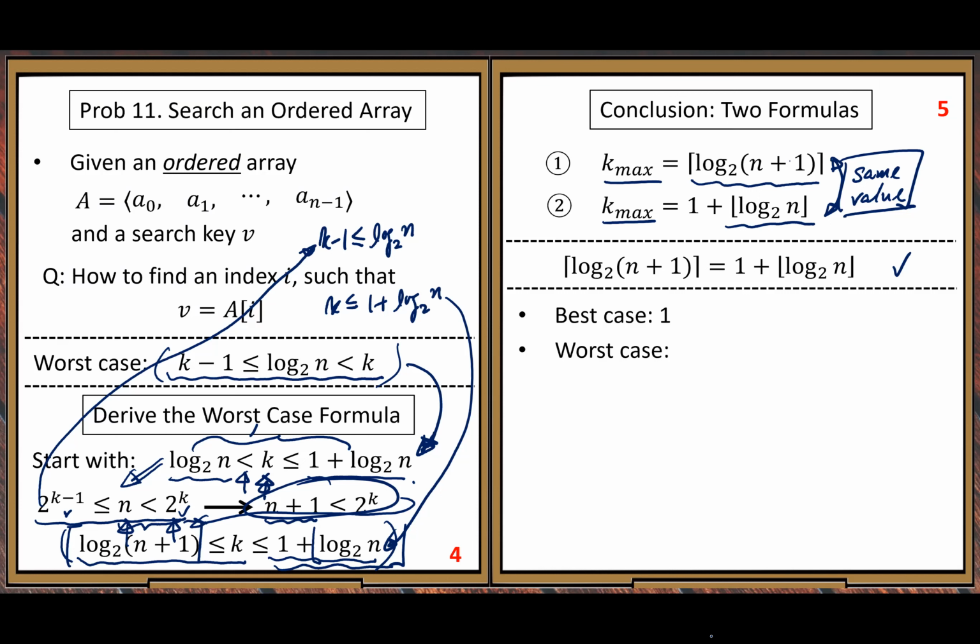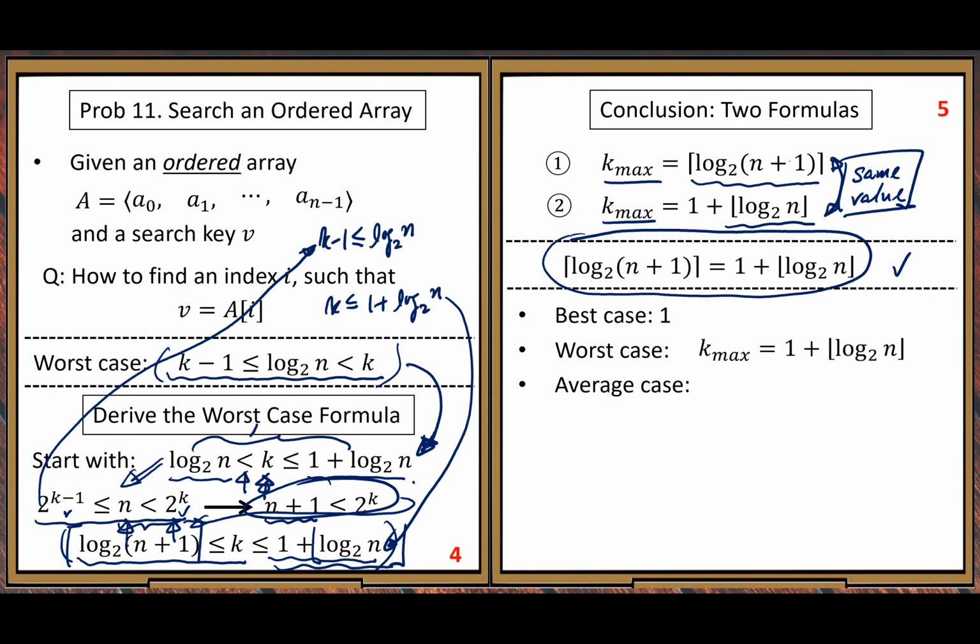The worst case, we have this expression, 1 plus... You can use the second expression, equivalent to the first expression. But after this class, you need to be able to identify that these two expressions are the same. You need to know this.